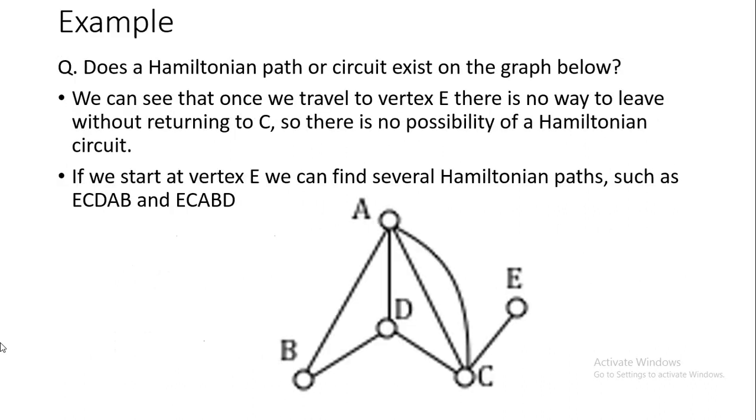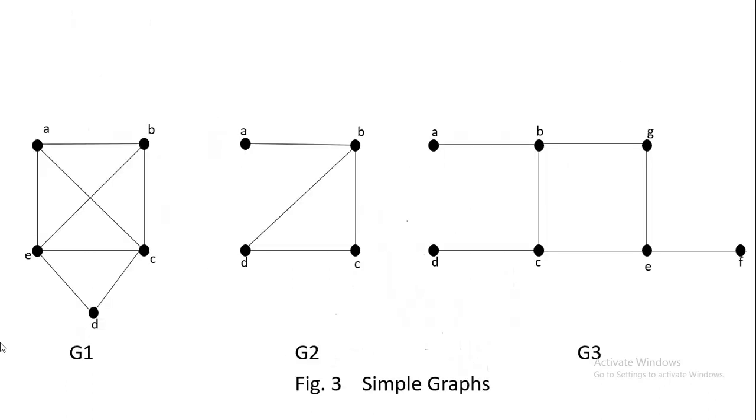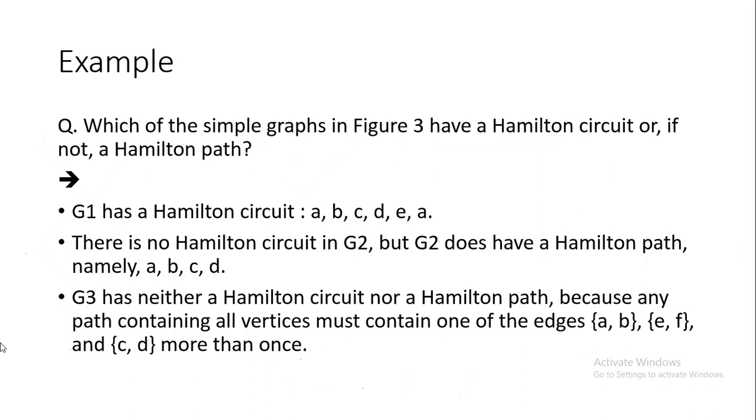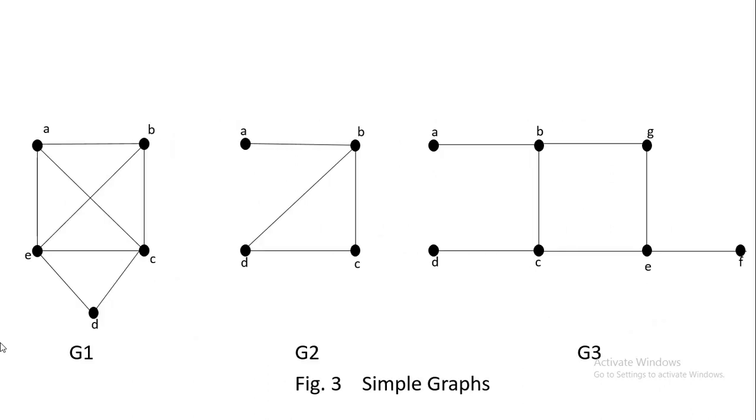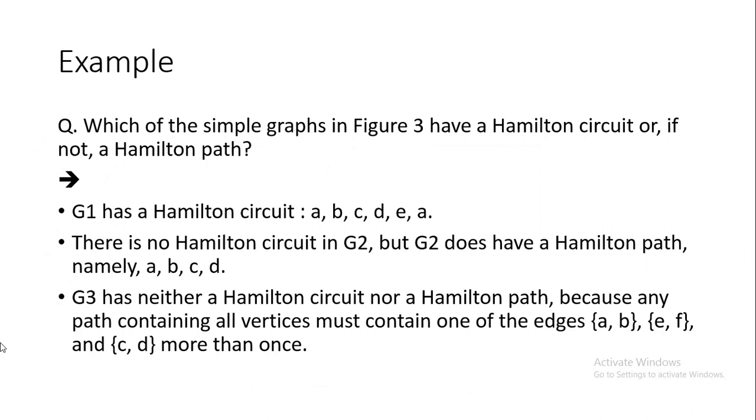G1 has a Hamiltonian circuit: A, B, C, D, E, A. This is one kind of Hamiltonian circuit, meaning G1 has a Hamiltonian circuit, but there is no Hamiltonian circuit in G2. But G2 does have a Hamiltonian path. You have to find whether there is a circuit in G2 or not.